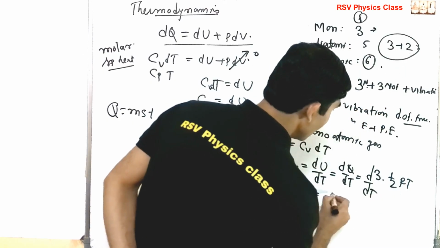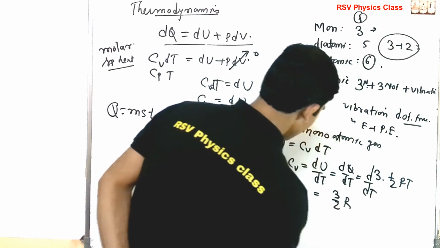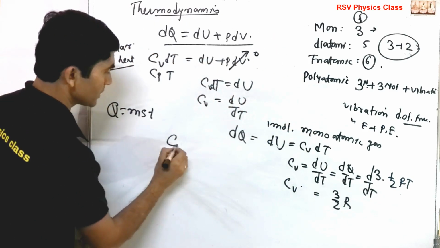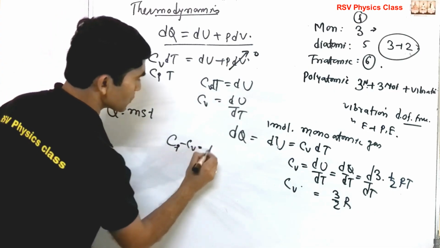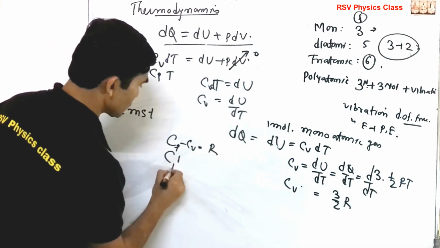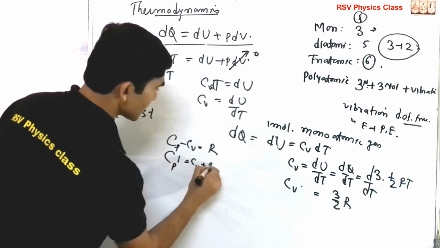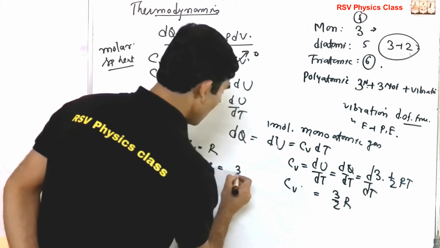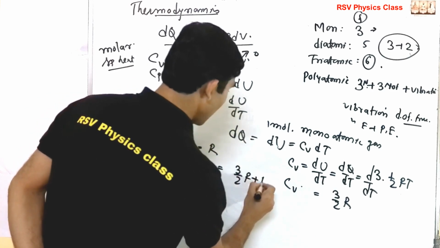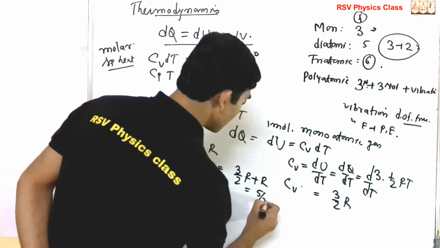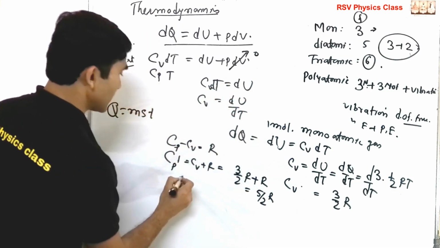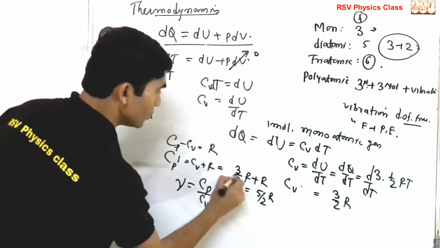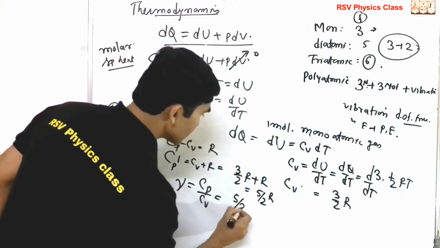So this equals 3 by 2 R. So Cv equals 3 by 2 R. Now you know from thermodynamics Cp minus Cv equals R. So Cp equals Cv plus R. Okay, so Cp equals 3 by 2 R plus R, so this is 5 by 2 R. So for monoatomic gas gamma, Cp by Cv, equals 5 by 3.